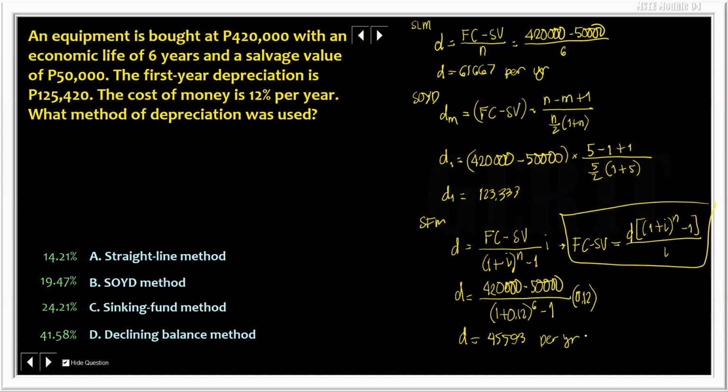But for us to check, we really have to solve this using the proper way. The formula for the declining balance method is this: the book value after m years, BV sub m, is equal to FC times 1 minus k raised to m, where k is equal to 1 minus the nth root of SV over FC.